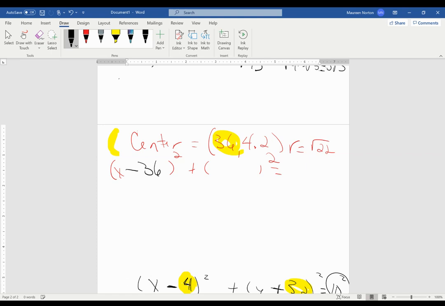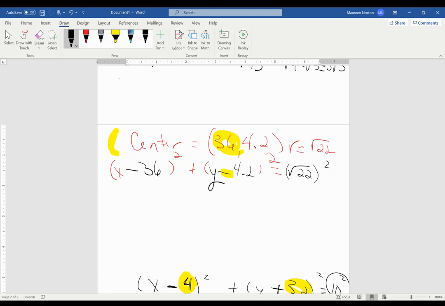Then we do our y, and we do the opposite of our 42, so we do minus 42. And then we do the square root of 22 squared.